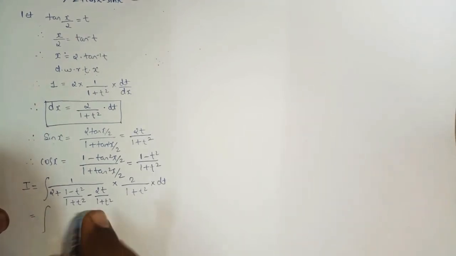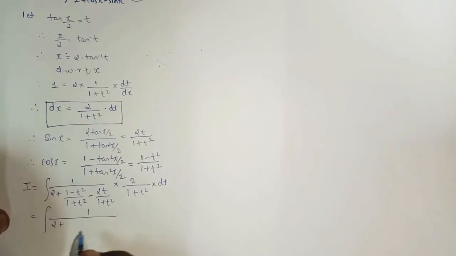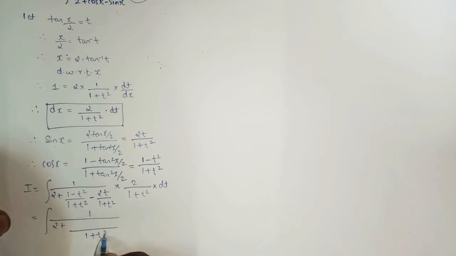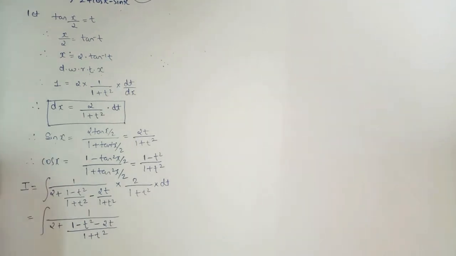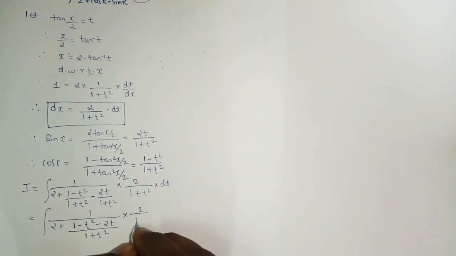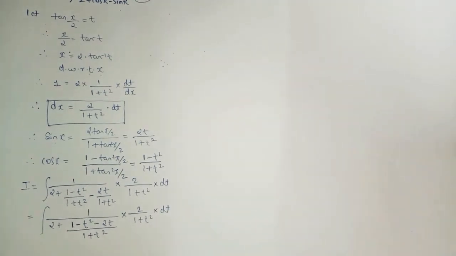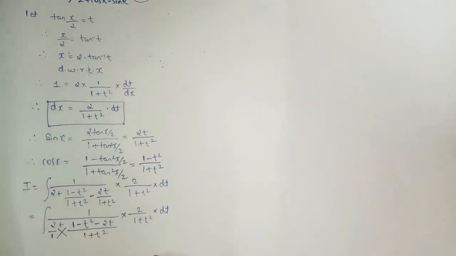Okay, so here can I say that here the denominator is same, so we'll write this part one time. Rest in the numerator it will be 1 minus t square minus 2t into 2 upon 1 plus t square into dt. Yes or no? Next here nothing is there, so we can write 1, cross it.